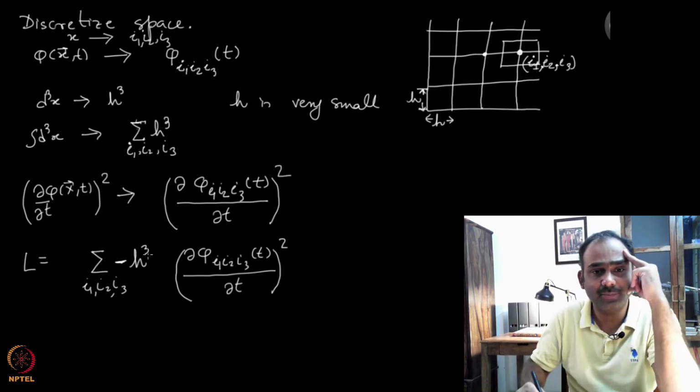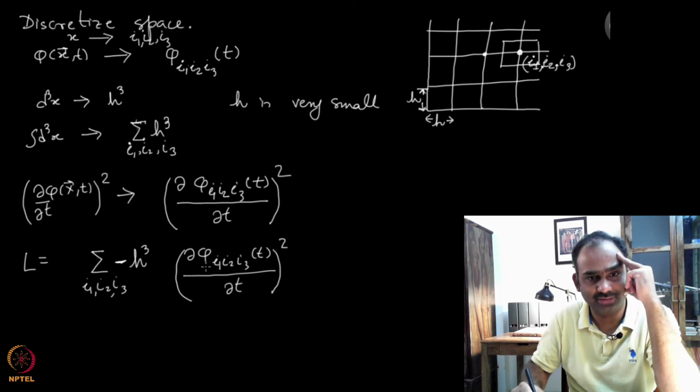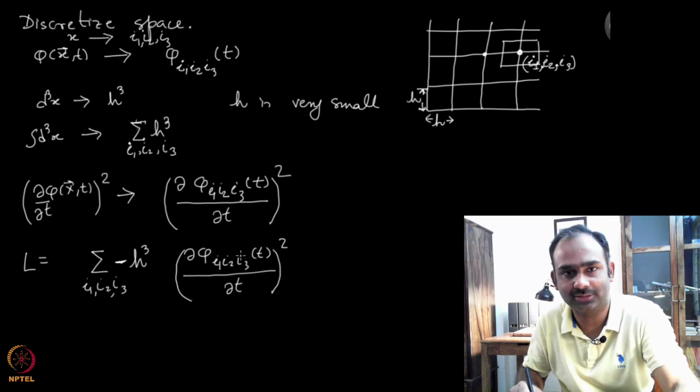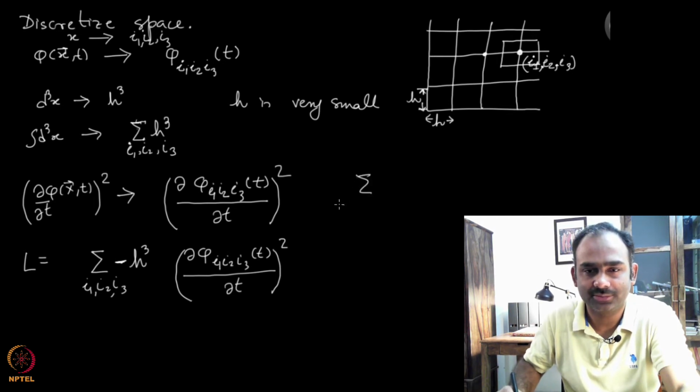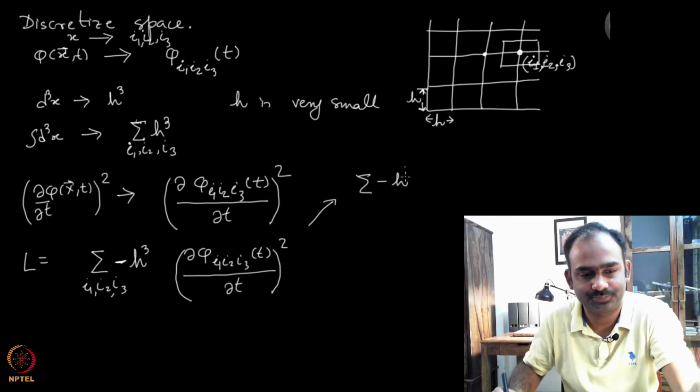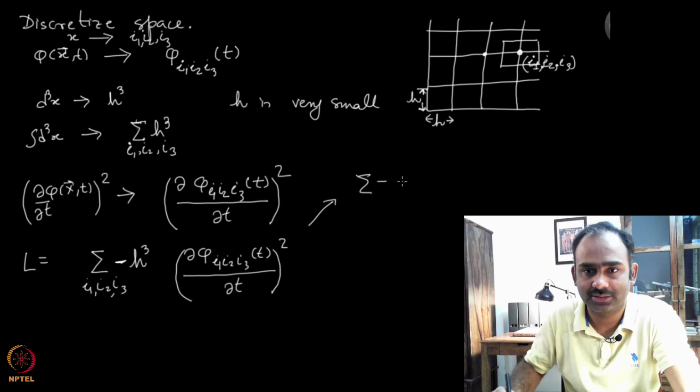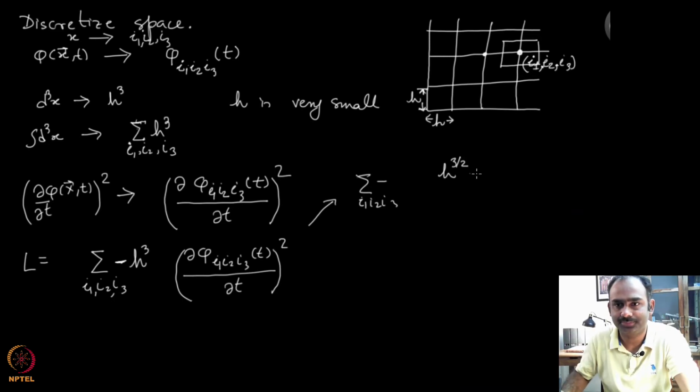Now this h cube I can put in here, combined with the phi, so that will be h to the power 3 halves, and it will become minus del over del t of h 3 halves of phi. Let me write that also. Summation, minus h 3 halves.